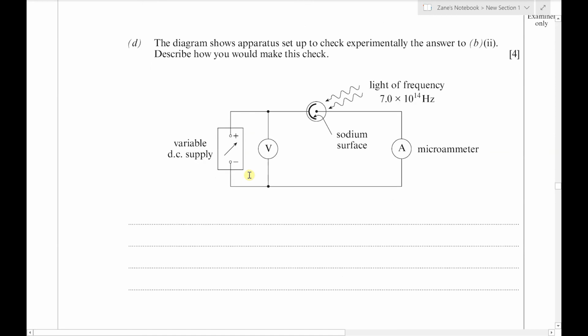Final part of the question gives us a standard apparatus for determining the maximum kinetic energy of the emitted electrons, and we're asked to describe how we would check our answer to B part 2 using this apparatus. So basically step 1, which is sort of implied in the diagram, is you shine the light onto the sodium surface.